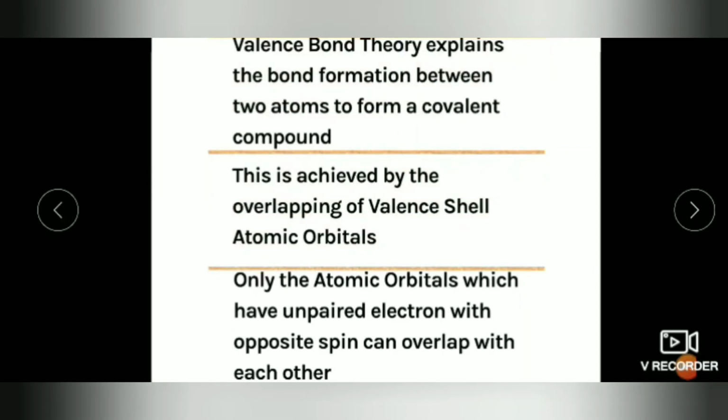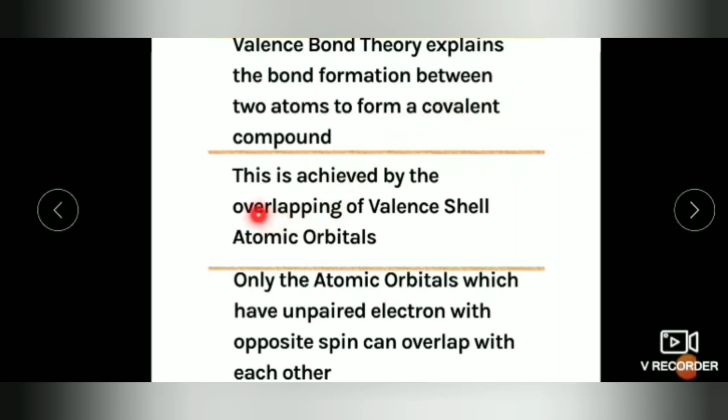Next, we move on to how the bond forms between two atoms. Valence bond theory explains the bond formation between two atoms to form a covalent bond, and how the bond combines to form covalent compounds.